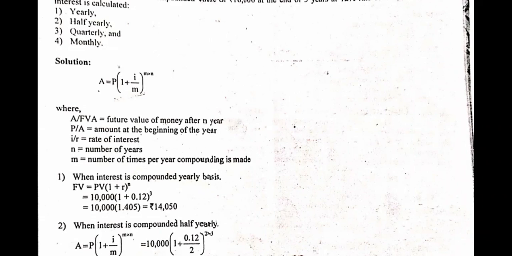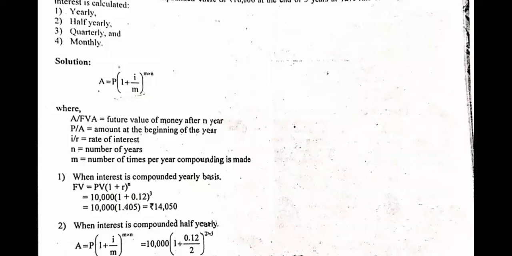Here A, or future value, is the value of money after n years. P is the amount at the beginning of the year, I or R is the rate of interest, n is the number of years, and m is the number of times per year compounding is made.